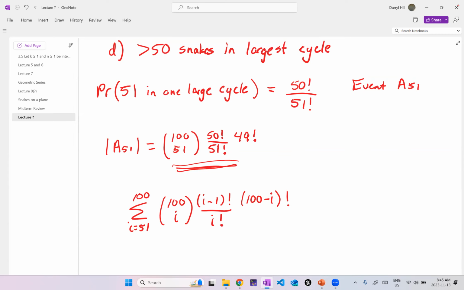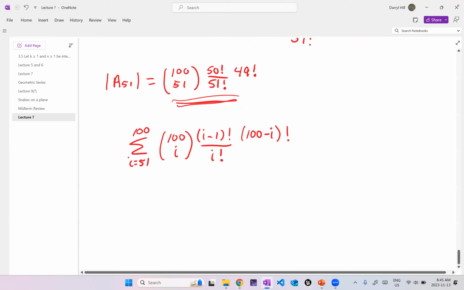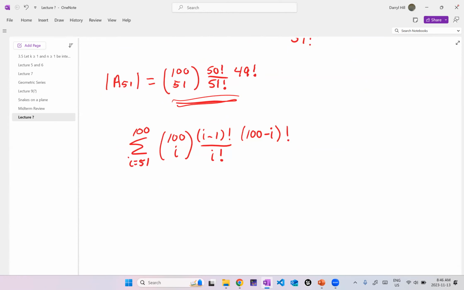Okay, so now I still have kind of a mess here, but there's a bunch of stuff that I can cancel out. In particular, if I expand my binomial coefficient, that expands to 100 factorial over 100 minus I factorial times I factorial.